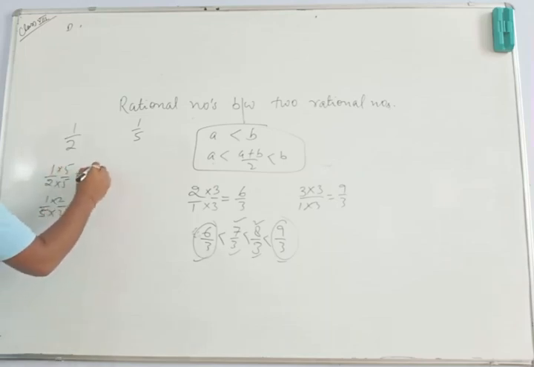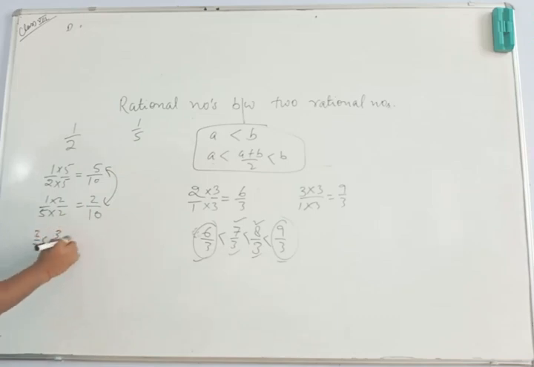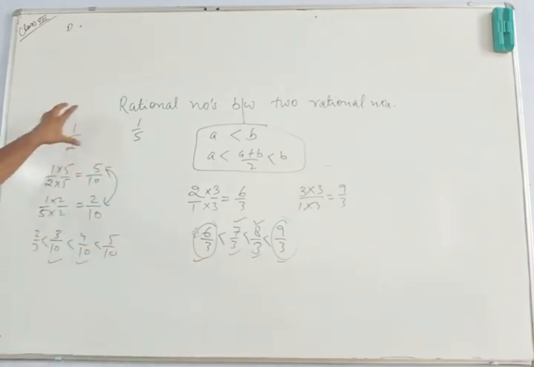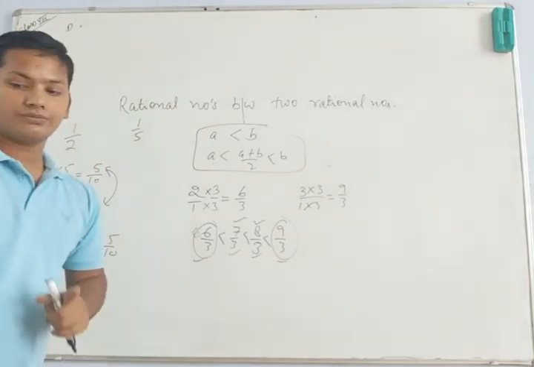Now it becomes 5 upon 10 and 2 upon 10. So between these two I can find rational numbers: 2 upon 10, after that 3 upon 10, 4 upon 10 and 5 upon 10. So these are rational numbers. This is the method by which we can find rational numbers between two rational numbers.